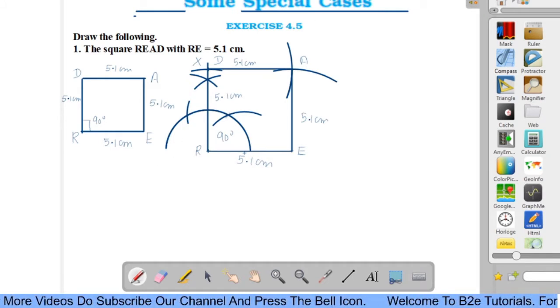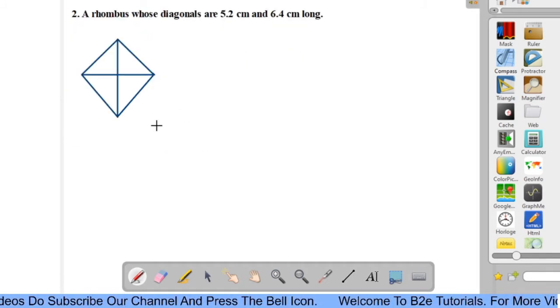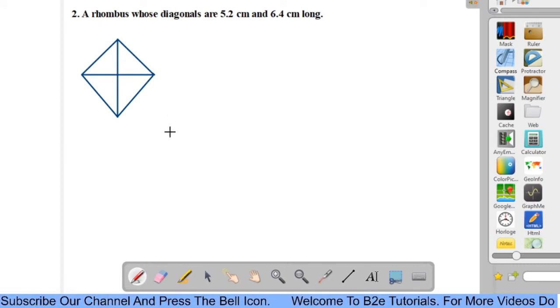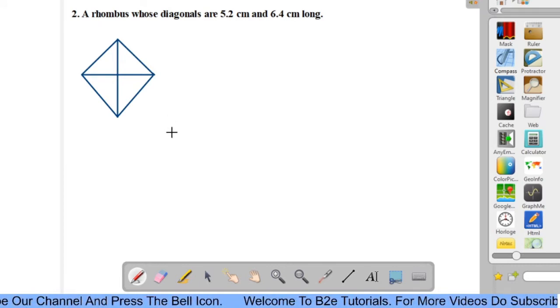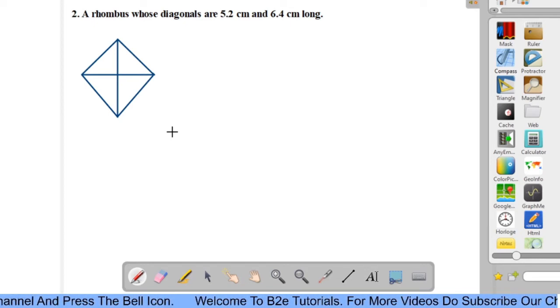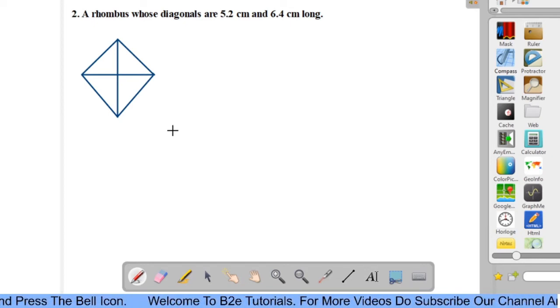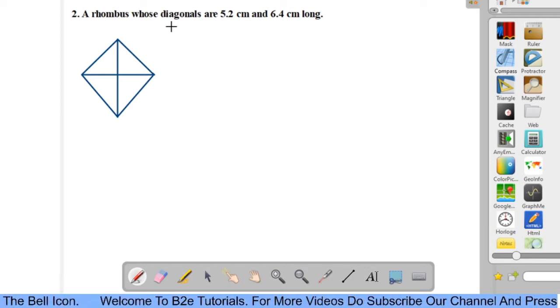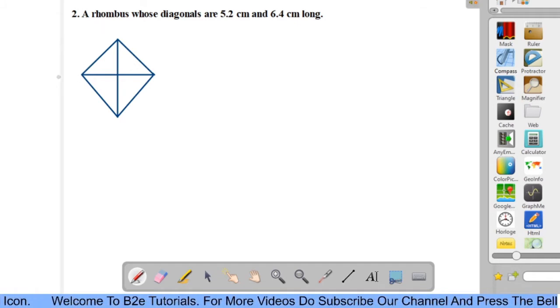Now come to next. Question number 2. A rhombus with diagonals 5.2 centimeter and 6.4 centimeter long. So let us draw a rough figure.